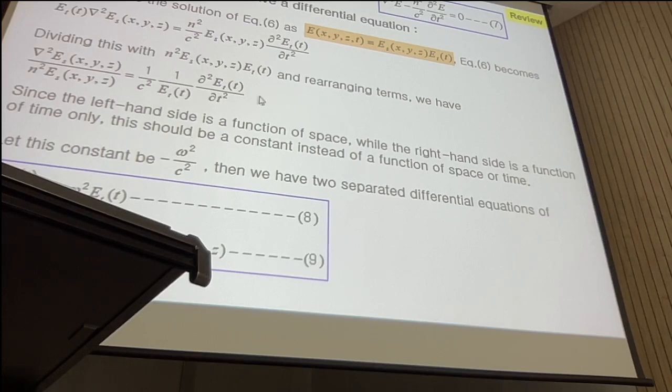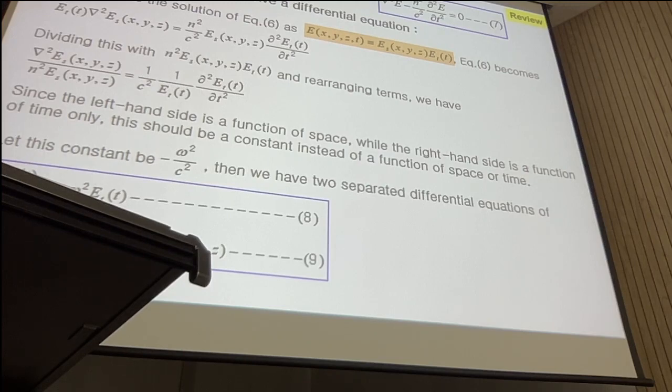In the Schrödinger equation, we assume this is a constant E, right? The energy, the eigenvalues or the energy level of the electron. Here, we assume this is a constant, but that is omega square over c square, to cancel out c square.